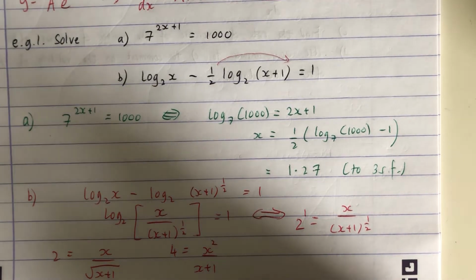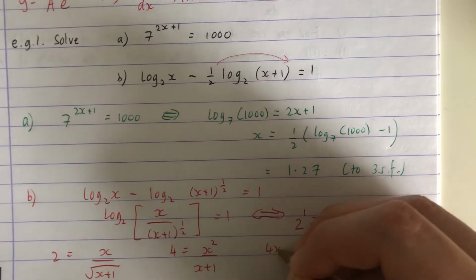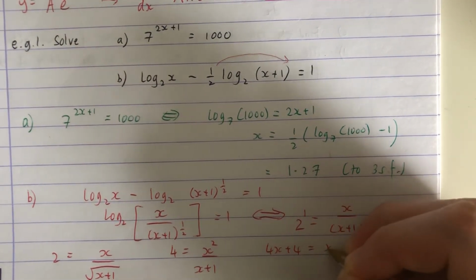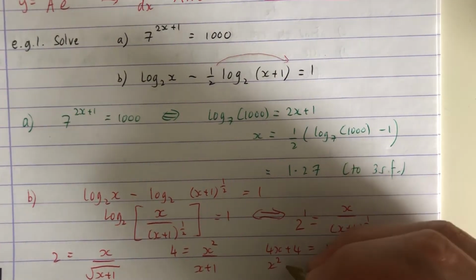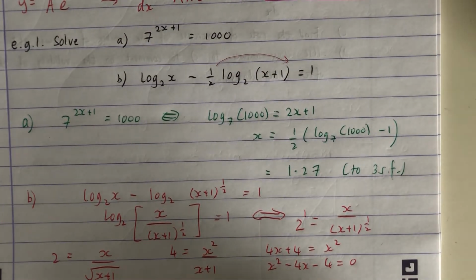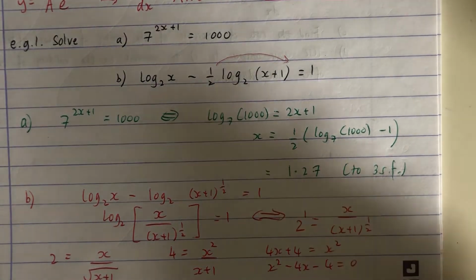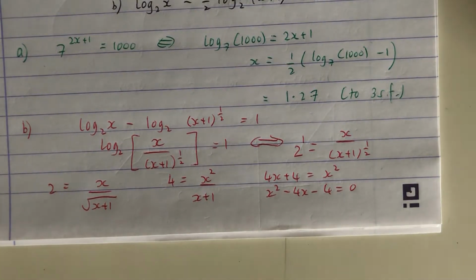And times by the denominator, you'll get 4x plus 4 equals x squared, to give you x squared, subtract 4x, subtract 4 is equal to 0. And then you solve from there. I'm going to cheat and just do this on my calculator.